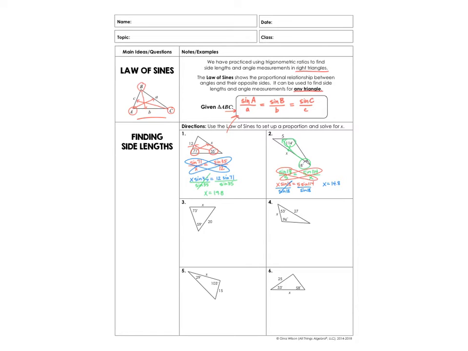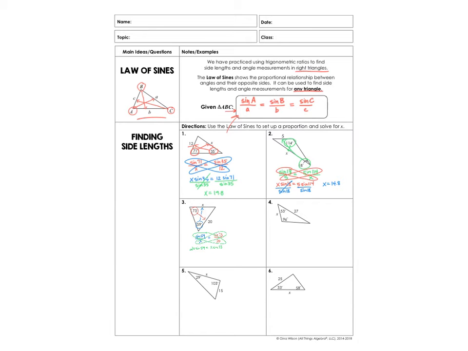All right, let's look at one more of those. We're given 59 degrees, so the sine of 59, its opposite side, which goes with it, is x. Then you've got 73, so the sine of 73, and its opposite side is 20. We have a proportion, so we cross multiply: 20 times sine 59 equals x times sine 73.